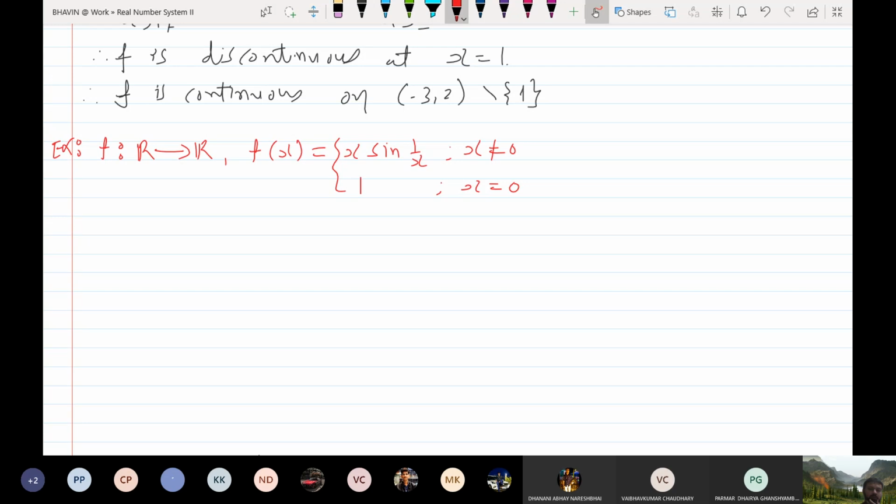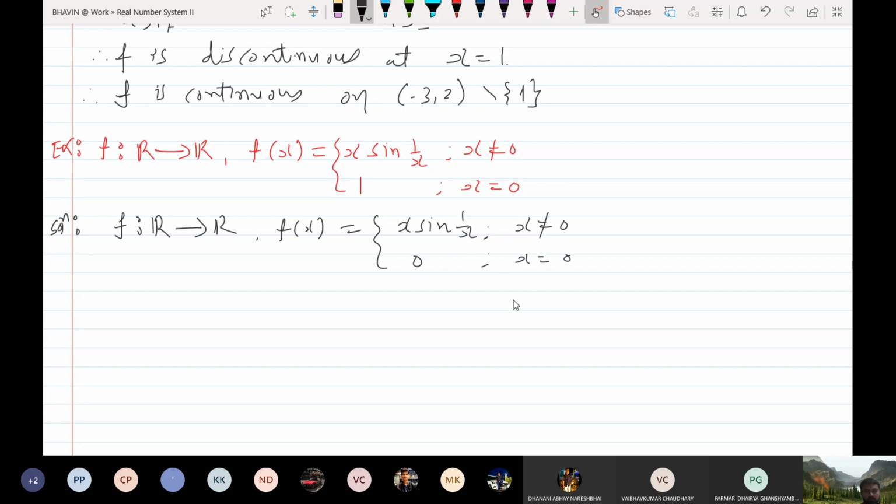We want to discuss the continuity of this function. So the function is from R to R. The definition is this: x sine 1 upon x, x not equal to 0, and 0, x equal to 0.